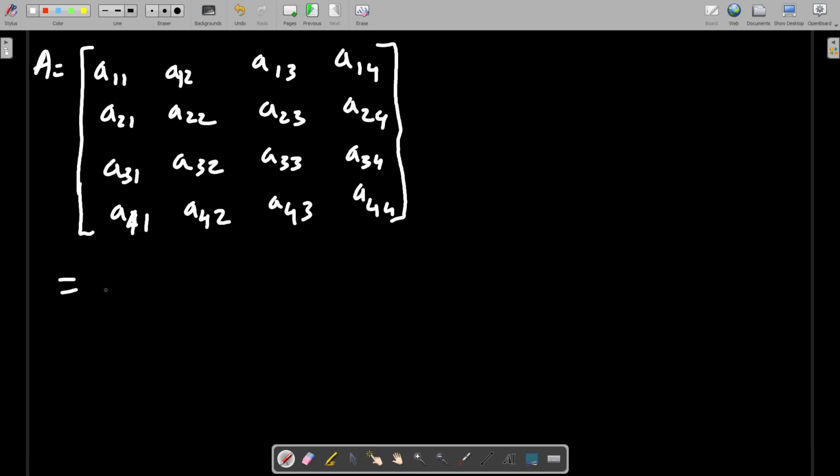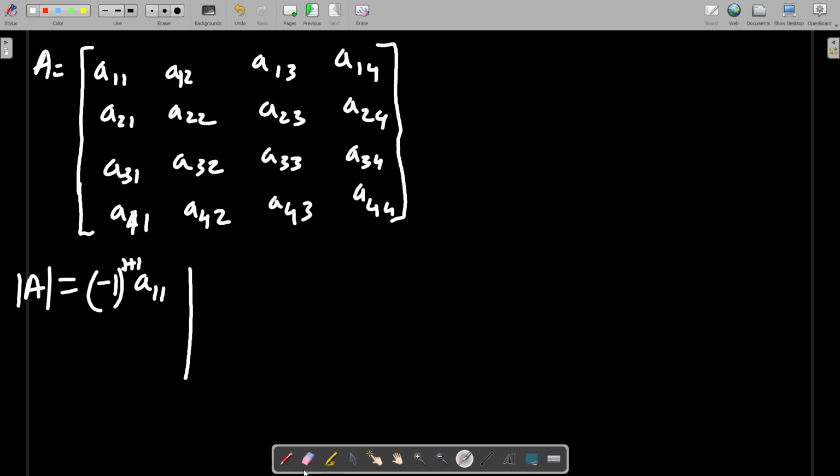So this becomes A, then the determinant of A will be minus 1 to the power, for A11, the power over here will be 1 plus 1, into the determinant of the submatrix which you get by deleting this row and this column.